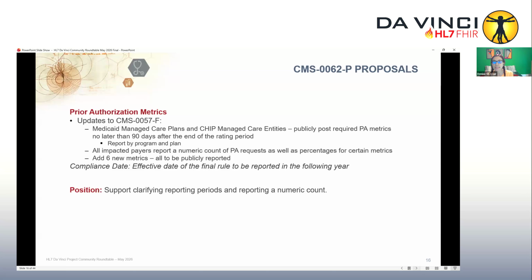They're also adding 6 new metrics for prior authorization for non-drug items and services. And the idea would be for this to be compliant with the effective date of the rule, to be reported in the following year. And generally speaking, the Da Vinci community supports clarifying the reporting periods and reporting the numeric count and the new metrics.